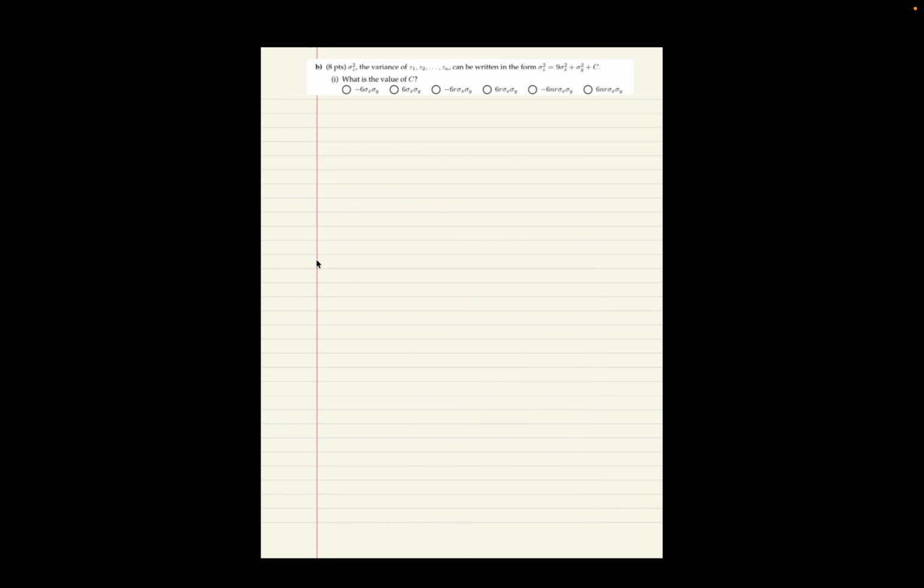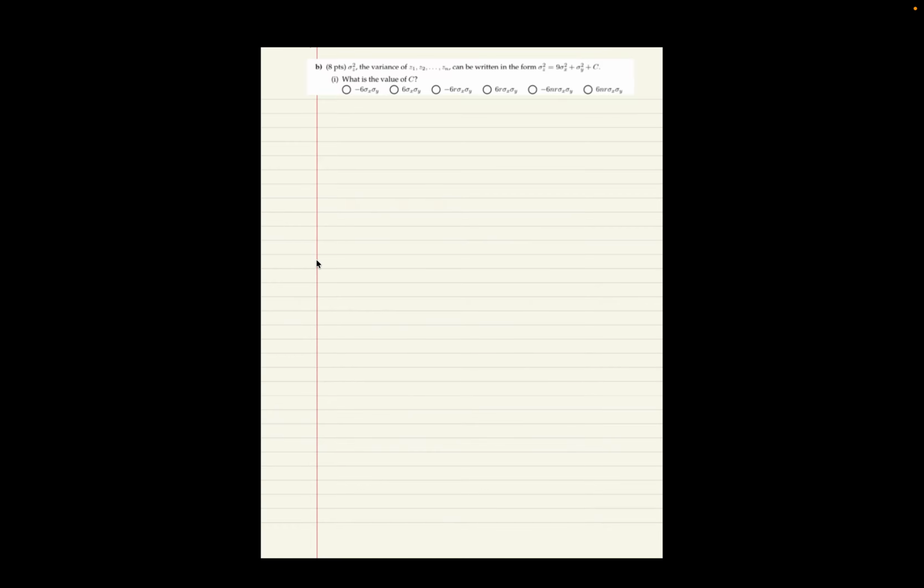The next part of the problem gives us the variance of the z's, but in terms of the variance of the x's: 9 times the variance of x plus the variance of the y's, and then plus some other term c, and we're asked to find the value of that term c.